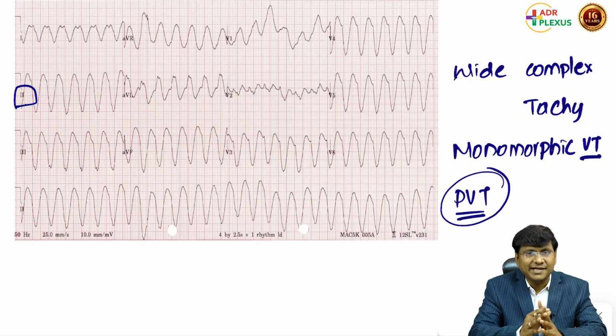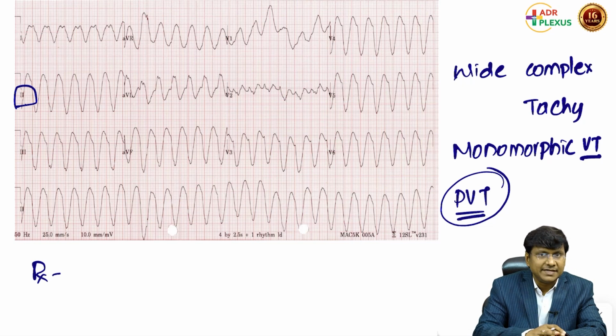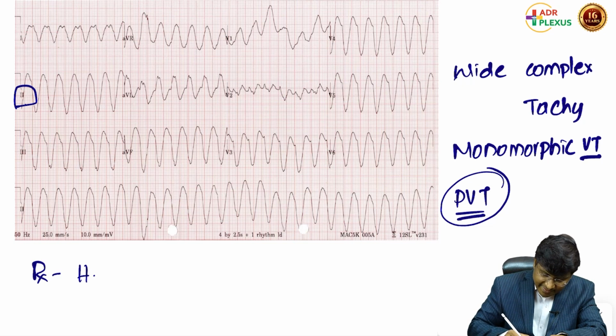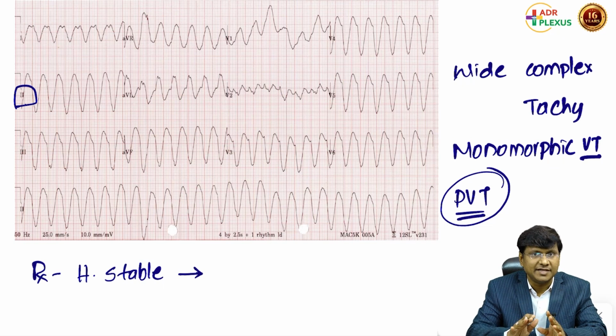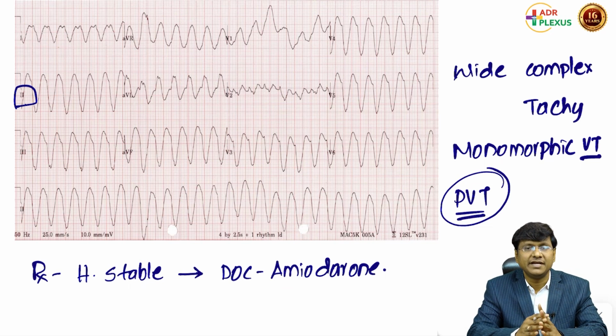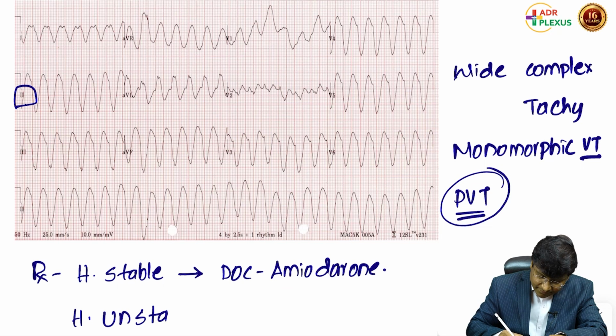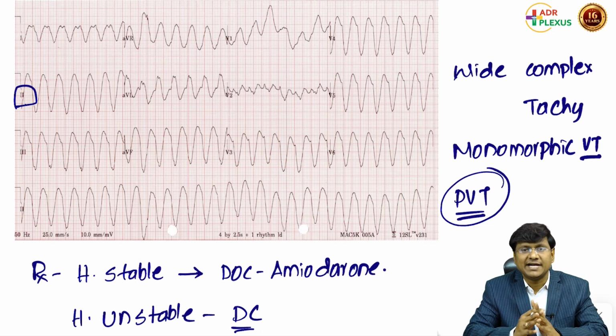Now, the point here is how do you treat these patients? If the individual is hemodynamically stable, then what is the drug of choice? The drug of choice will be amiodarone. And if the individual is hemodynamically unstable, then you need to do synchronized DC cardioversion.